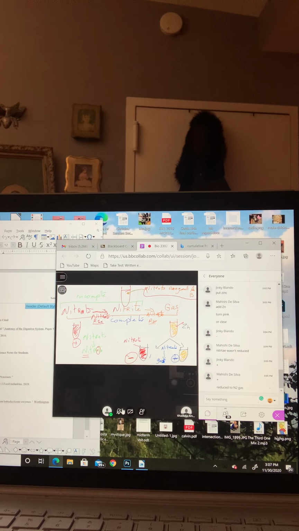It's colorless because we cannot detect the nitrogen gas with the reagents. The gas is colorless or clear, so we cannot detect it using the reagent, but the nitrite we can detect using the reagents A and B.